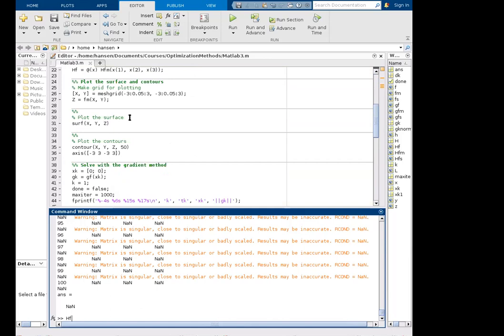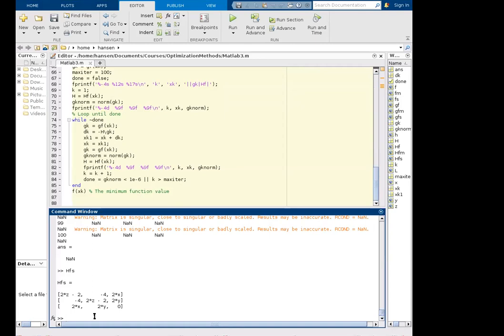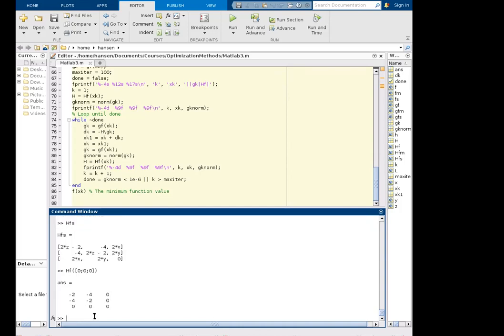So what was that? It was given as HFS. So the Hessian is HFS, it looks like that. And if we calculate the HF at 0, 0, 0, then it's singular. So it's singular, we can't calculate the inverse of it, right?